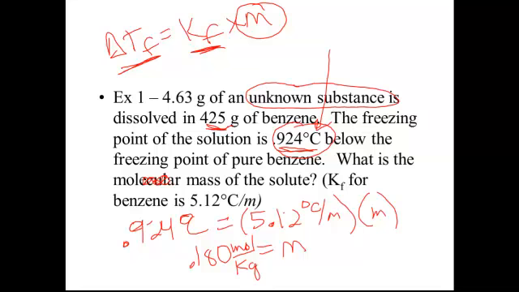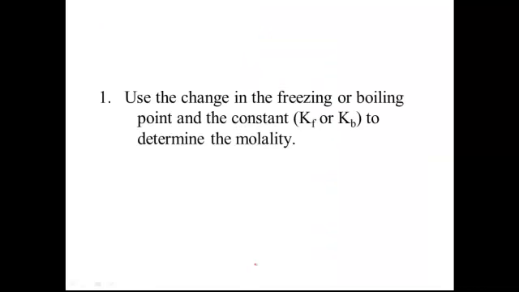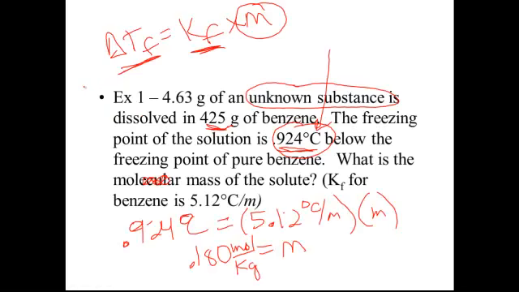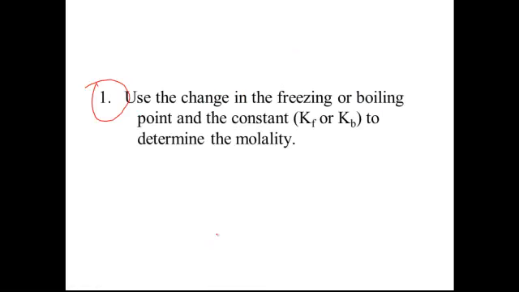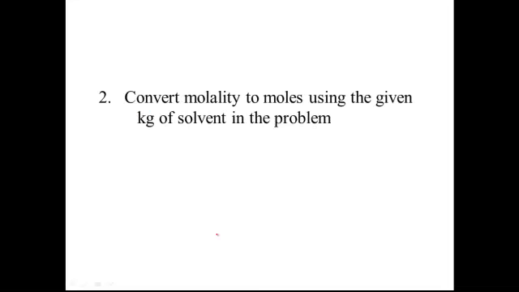Okay, that's just like the first example that we already did. So that's what we did here. Step number one is we use the change in the freezing or boiling point to determine the molality. The molality of our solution is 0.180. Step number two, convert the molality, 0.180 moles over kilograms.